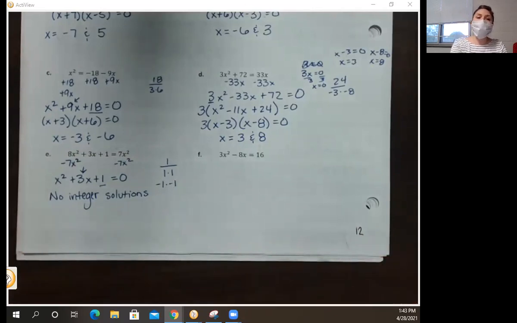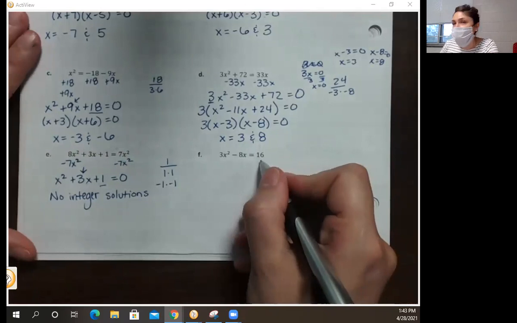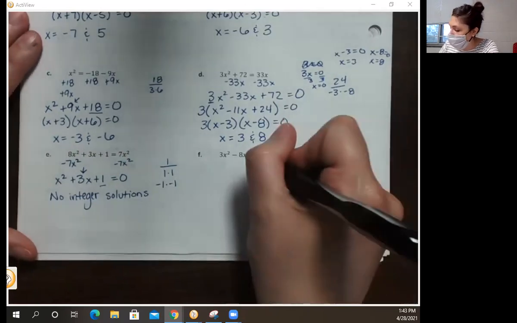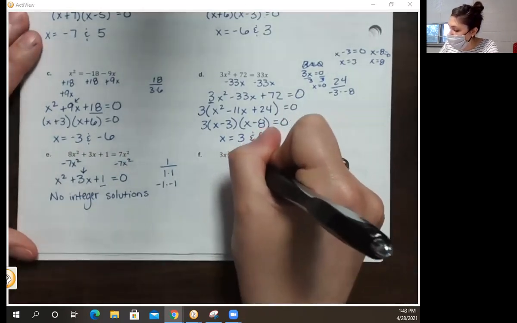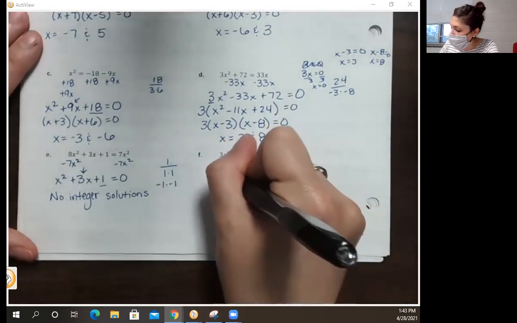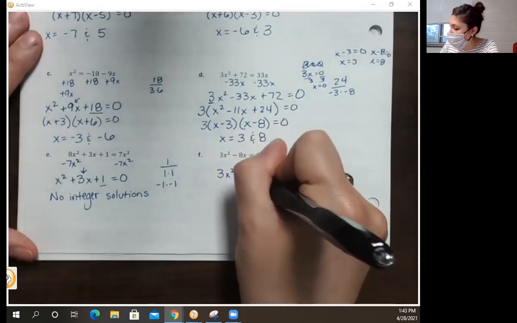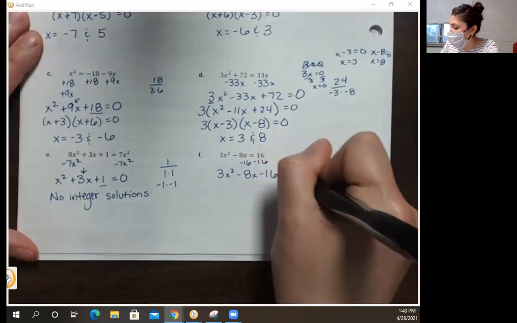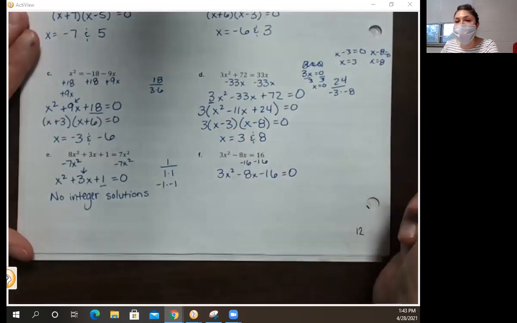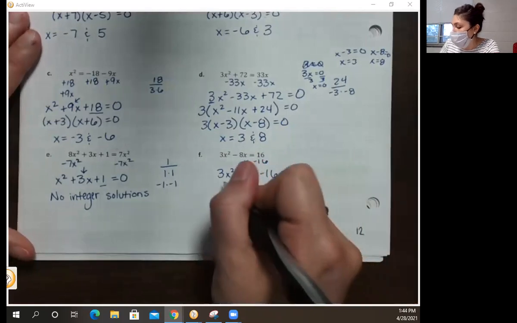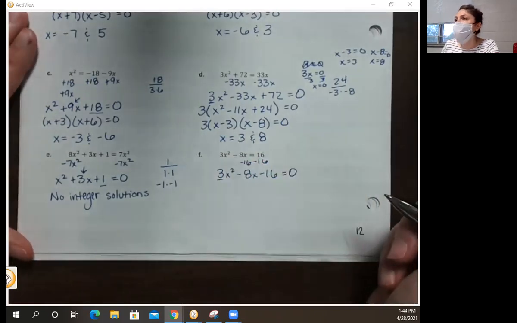And then our last example for today, we're looking at F. My first step is to move everything to the same side. Move the 16 over. We have 3x squared minus 8x minus 16 equals 0. I have a number in front of x squared, the lead coefficient that's not 1.